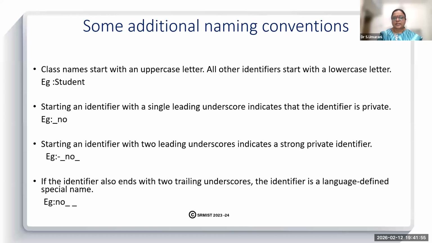The next one, starting an identifier with two leading underscores indicates a strong private identifier. Also, if you put two trailing underscores, the identifier is a language defined special name. Some variables you use for a special situation; in that situation you must include double underscore at the end of the variable. So these are the additional naming conventions in identifiers.